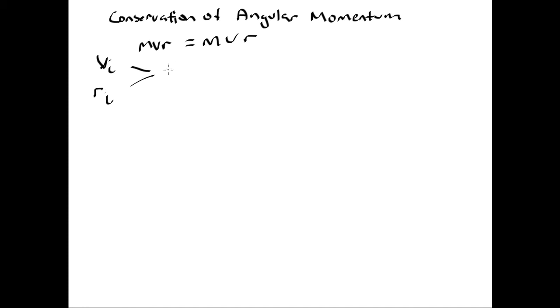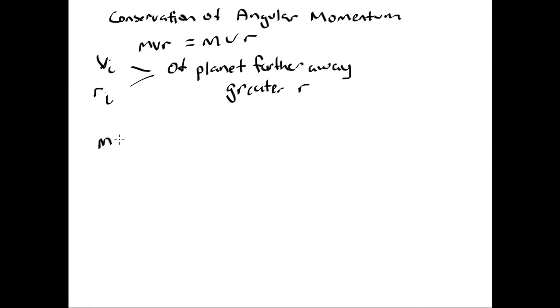So let's take a look at when the planet has the greater radius, and we'll define the velocity as velocity initial and radius initial. To reiterate, it's the planet that's further away, the one that had a greater radius. So let's plug these variables into our equation.